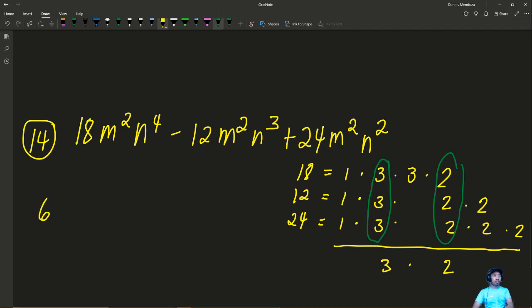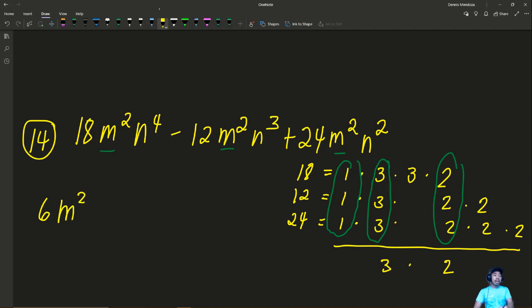Okay, so of course you considered 1 also. Okay, but either way, it's just going to be 6. And then checking the exponents of m, they are all the same, so we're lucky. We don't need to think anymore. So just write m squared.